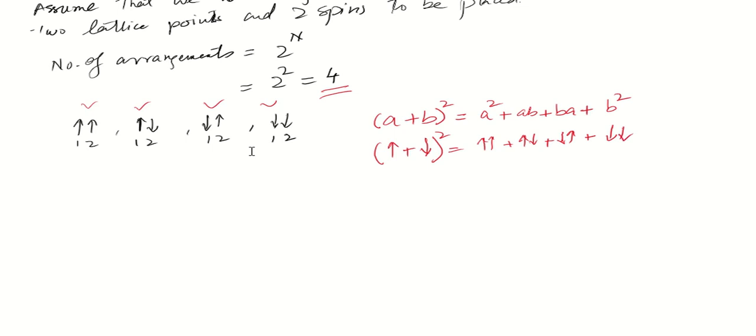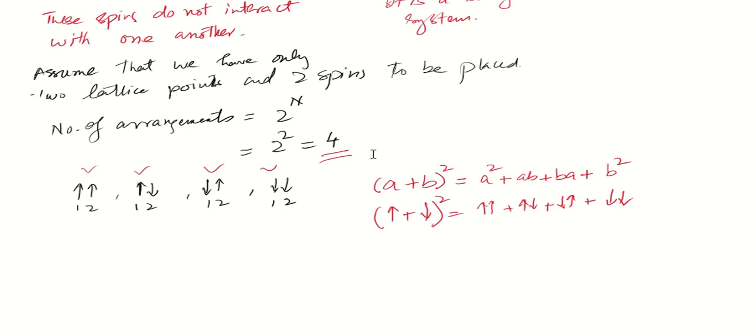So now, when we want to study 2 spins on a lattice site, we write this formula: up spin plus down spin, whole squared. It will give us all the possible arrangements.